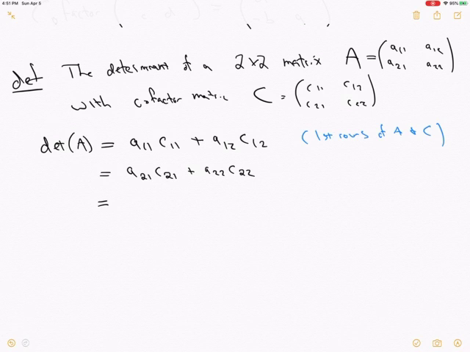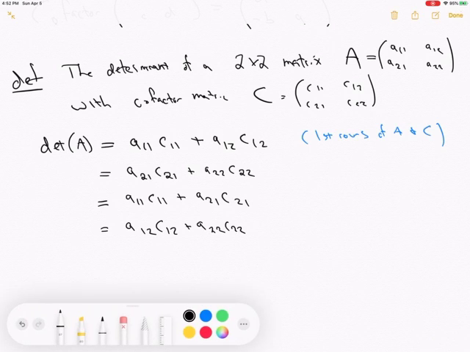If we go across the first column, then we have A11 C11 plus A21 times C21. We can also go across the second column, A12 C12 plus A22 times C22. So there are basically 4 different ways of calculating the determinant of a 2 by 2 matrix.